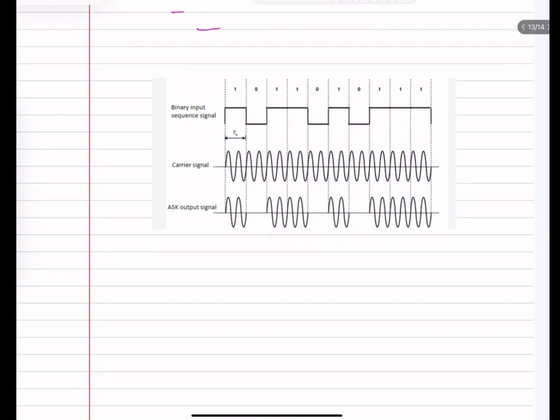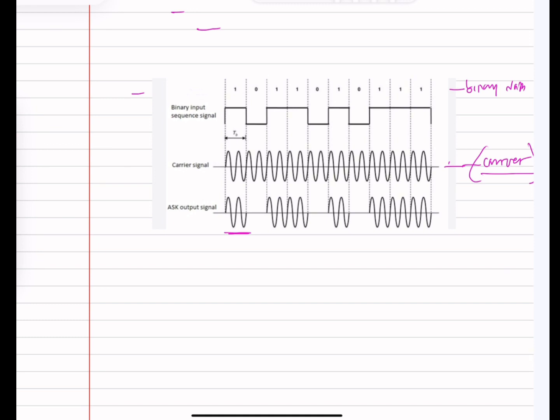If you look at this diagram, you can see this is our binary data, and it is being transmitted via a carrier frequency, and this is our carrier. Based on this carrier, whenever the data is 1, it will transmit the carrier, meaning the message is being transmitted.